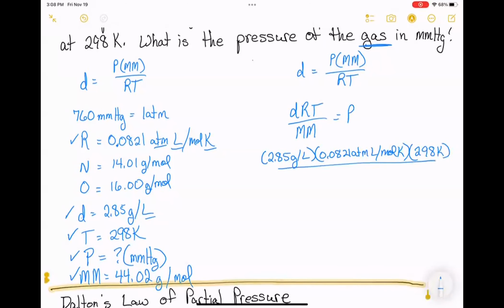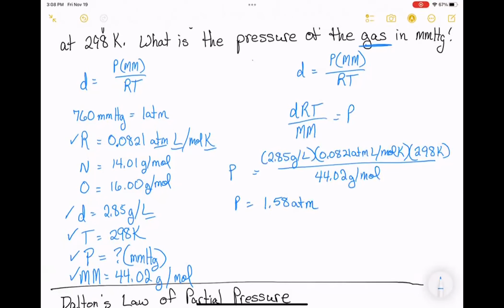All of that was over the molar mass, which was 44.02 grams per mole. And that gave me my pressure. So when I calculated it, I originally got an answer of 1.58 atmospheres.